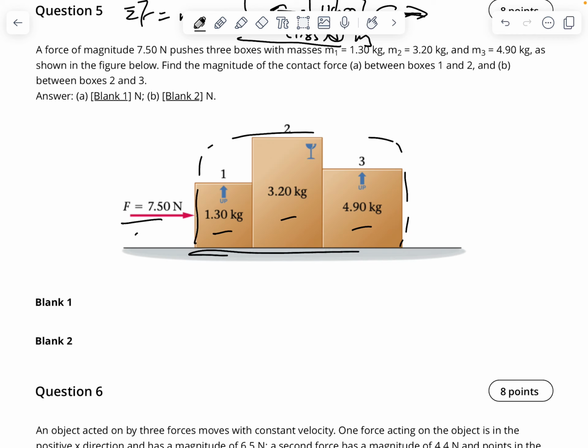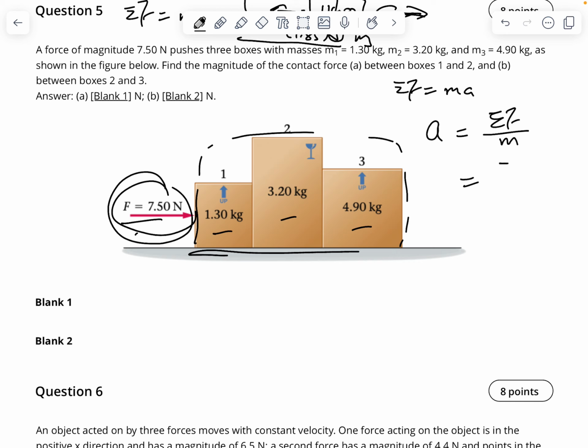In the horizontal direction, there's only one force, so for the whole group, net force equals ma, so a equals net force over m. The net force on the whole group is 7.5, and the mass of the whole group is 1.30 plus 3.20 plus 4.90, the total mass. So you figure out the acceleration.